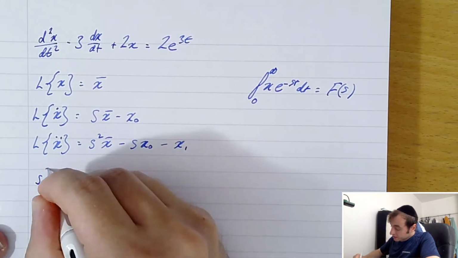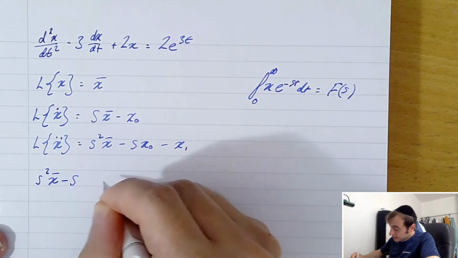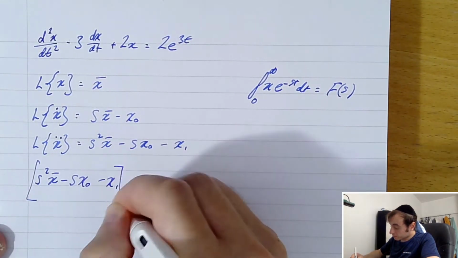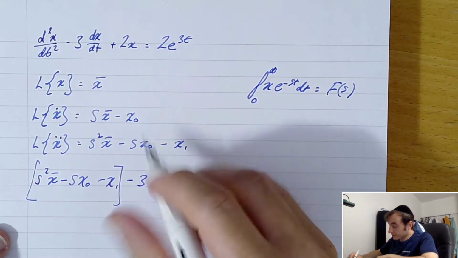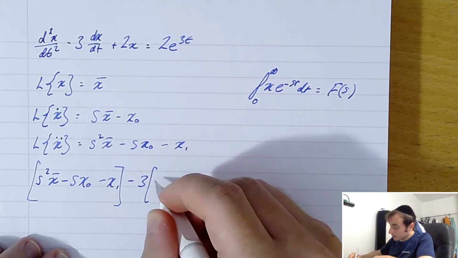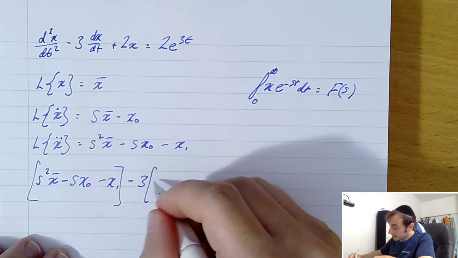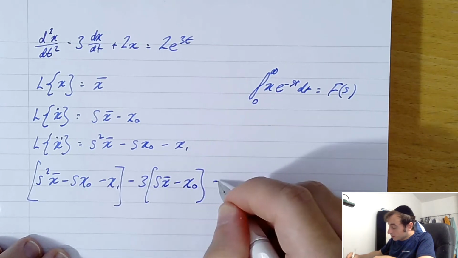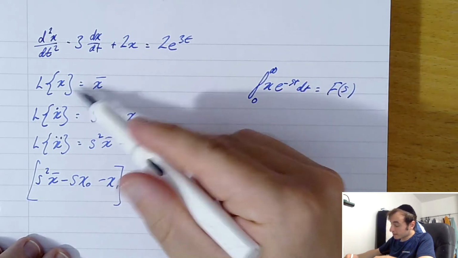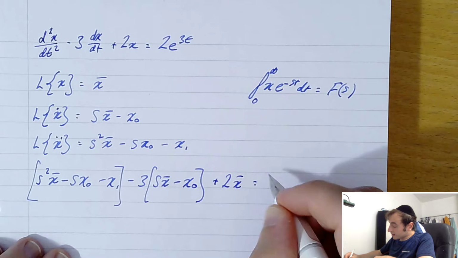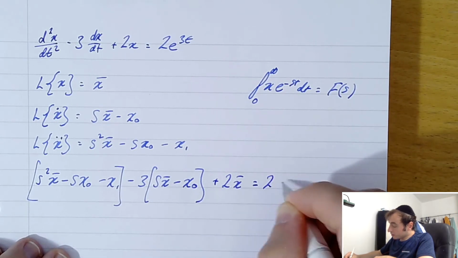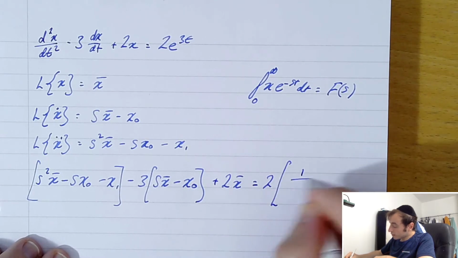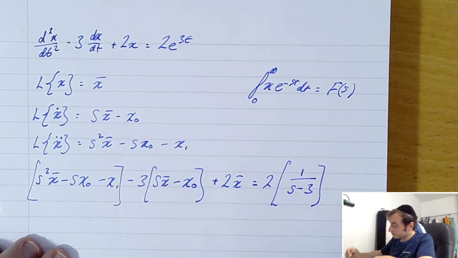So let's write that down straight away. s squared x bar minus s x naught minus x1, minus 3 dx by dt, which is going to be s x bar minus x naught, plus 2 times the Laplace transform of x, which is x bar, equals 2 times the Laplace transform of e to the 3t, which is 1 over s minus 3.